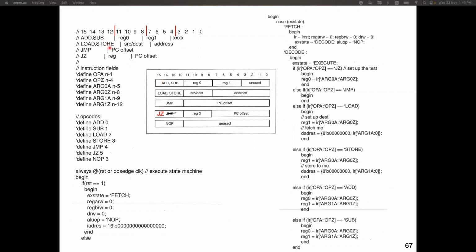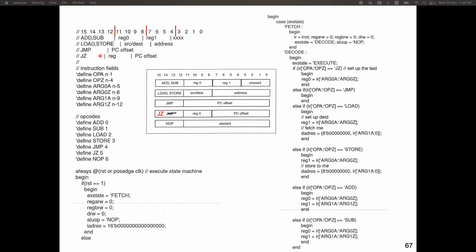For load and store, bit 11 to 8 contains the address of the source or destination register. So load and store communicate data between a register and a memory location. Bit 7 to 0 contains the address of the data memory.